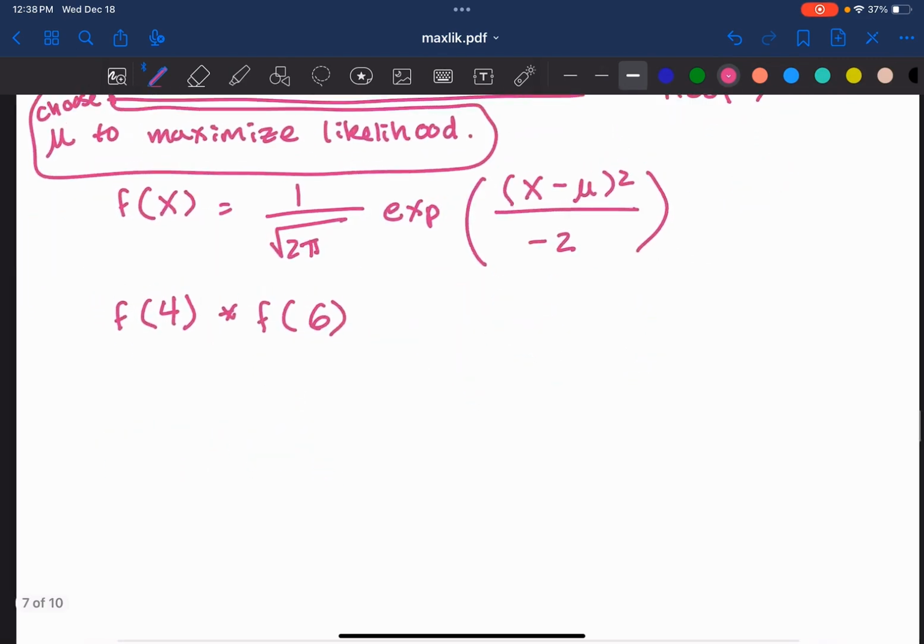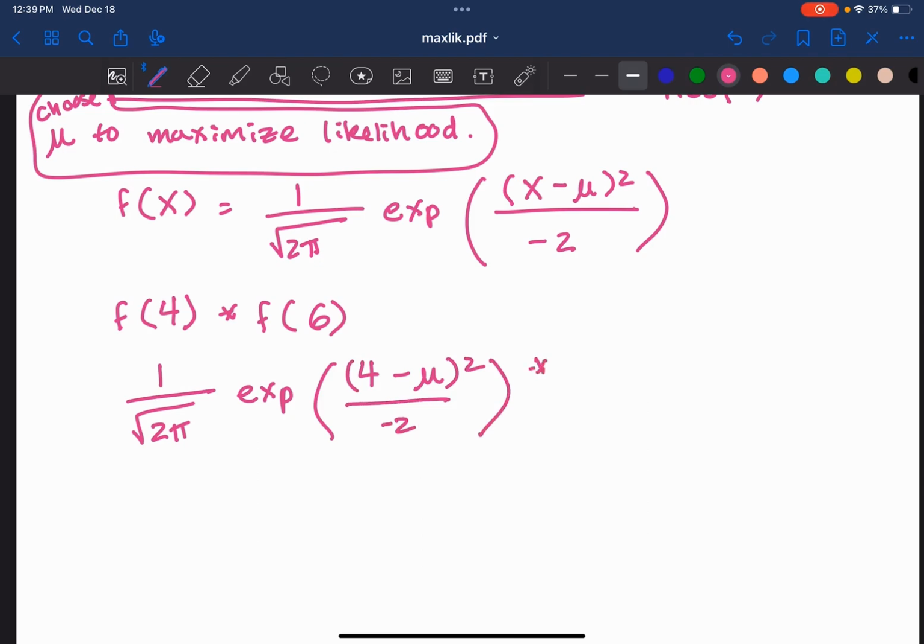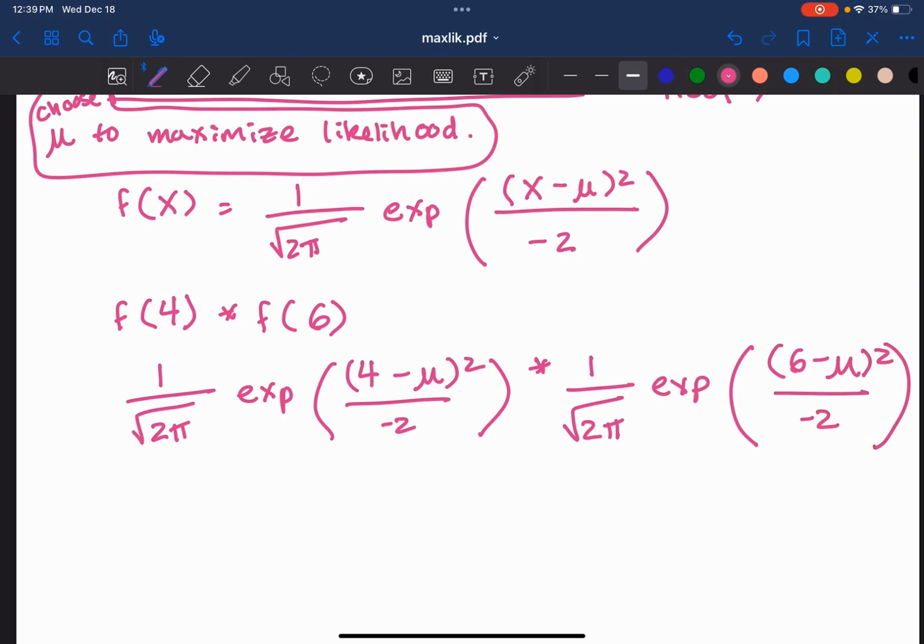f evaluated at 4 goes like this: 1 over root 2 pi times e to the 4 minus mu squared over negative 2, times 1 over root 2 pi times e to the 6 minus mu squared over negative 2. I can simplify this a little bit.